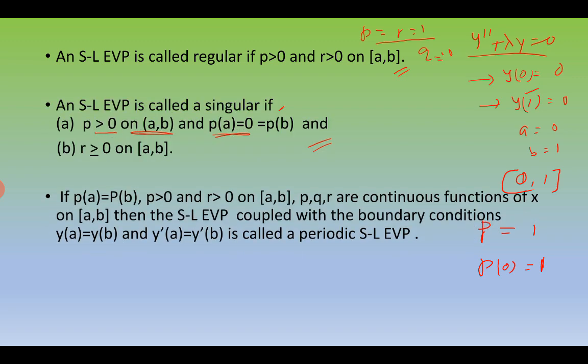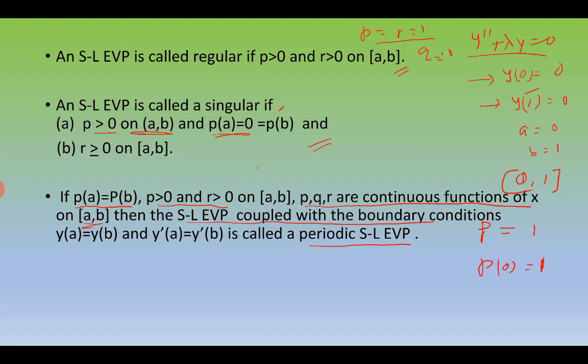And what's next? There are certain conditions. If the conditions are satisfied, P of A and P of B are equal, both are positive, and P, Q, R are continuous functions of x on the closed interval [a, b], then this problem coupled with the boundary conditions is called a periodic Sturm Liouville EVP.